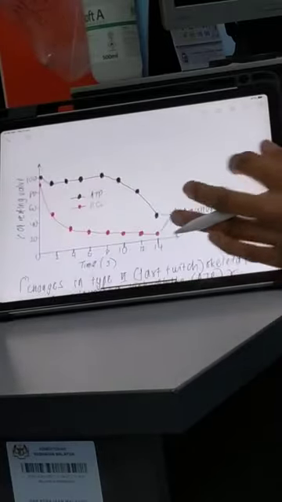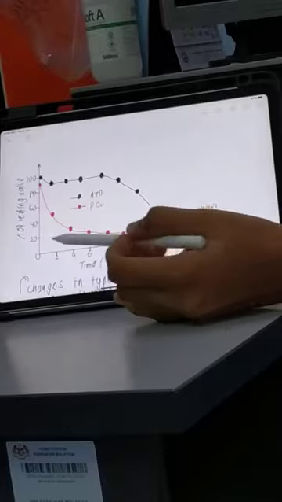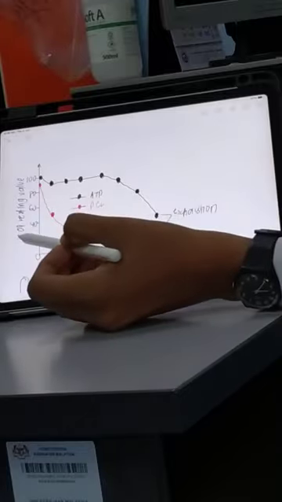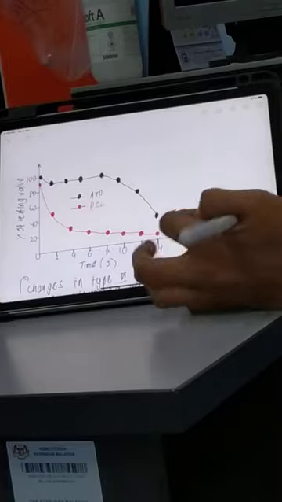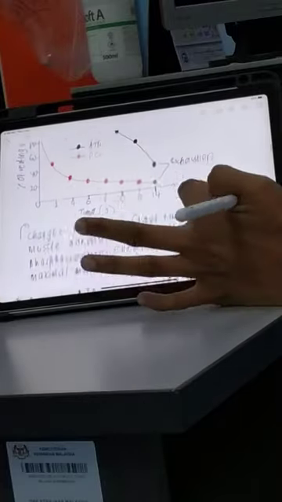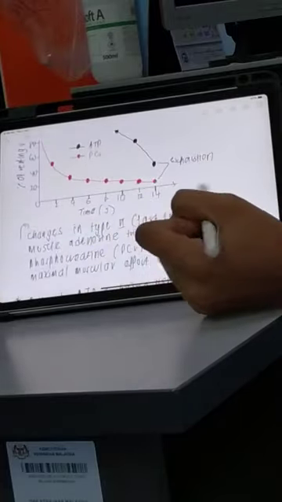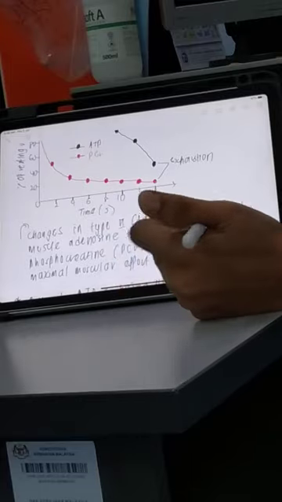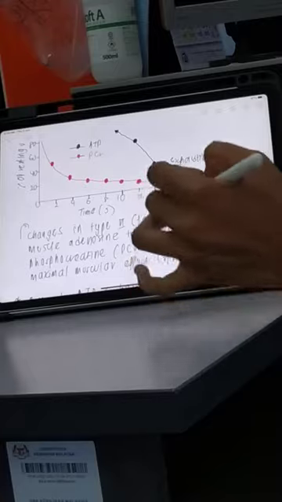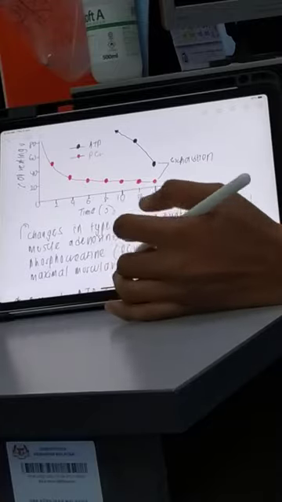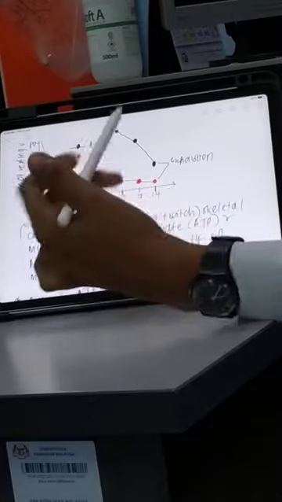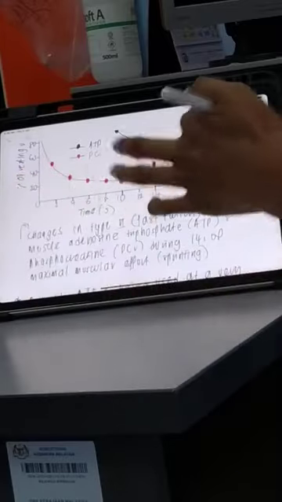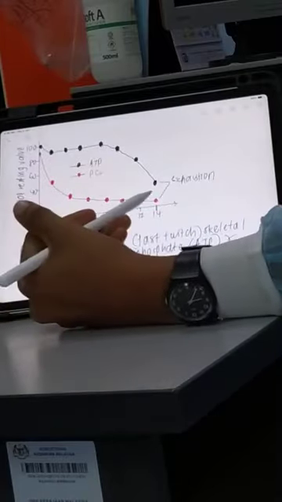So this is a graph. On the x-axis is the time, and the y-axis is the percentage of resting value. It shows changes in type 2 fast twitch skeletal muscle adenosine triphosphate and phosphocreatine (PCr) during 14 seconds of maximum muscular effort sprinting. The black one is the ATP, and the red one is PCr.